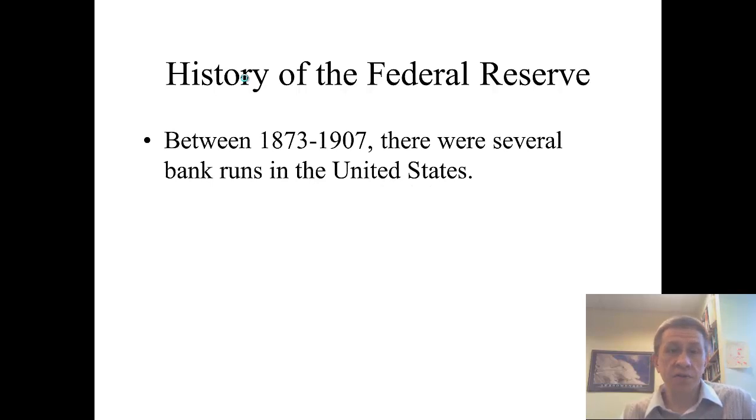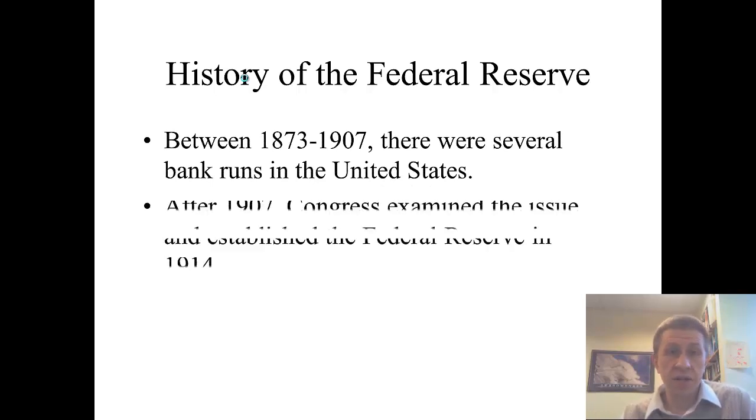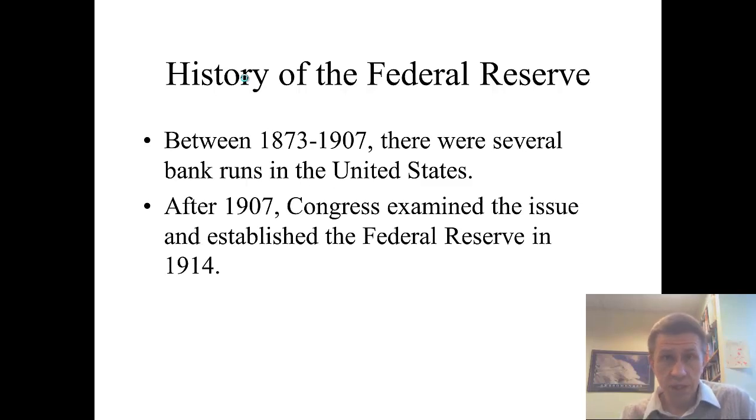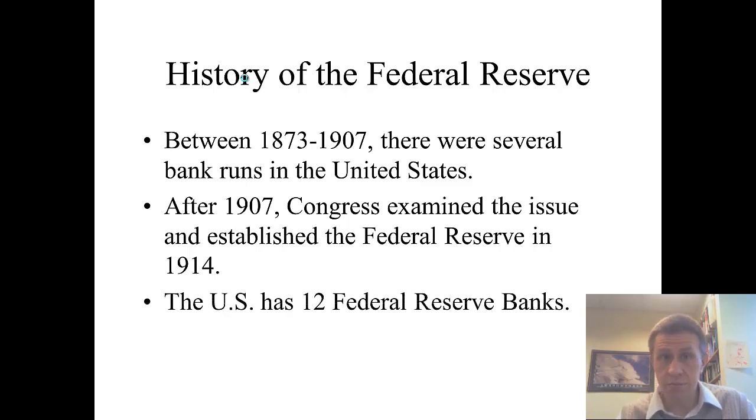How did the Federal Reserve get started? Well, there were several bank runs in the U.S. between 1873 and 1907. So Congress in 1907 decided to examine the issue. From that, the Federal Reserve was established in 1914.